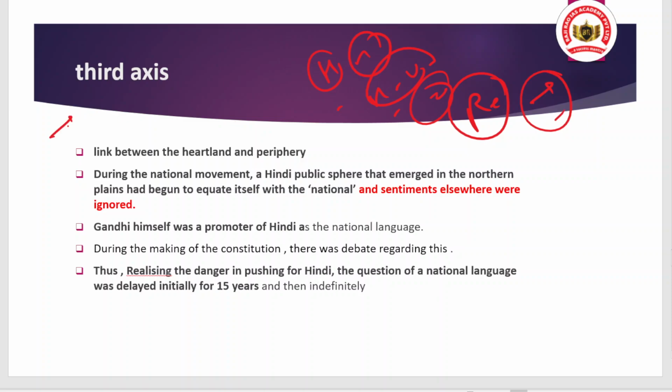When India got independence, you remember that many of the princely states were not joining India, because they thought that if they joined, their autonomy would get affected. But with the help of Sardar Patel, the unification of different princely states did happen. So the third axis of unity is that you have to seek harmony between the heartland and the periphery.